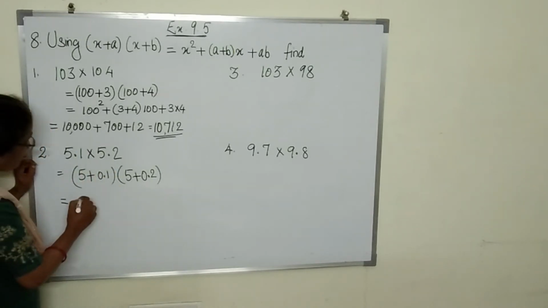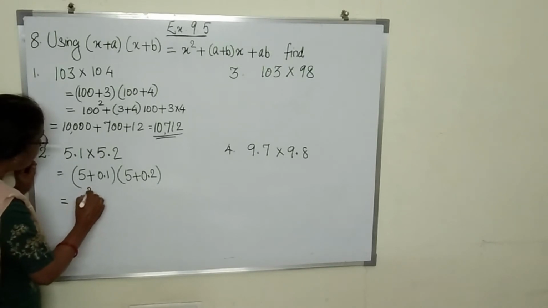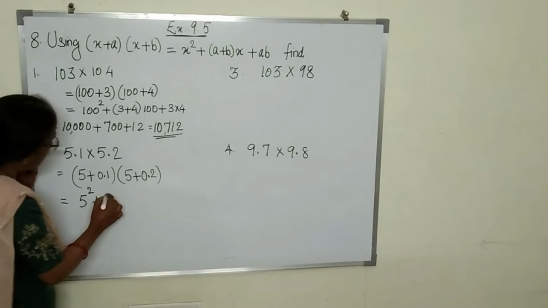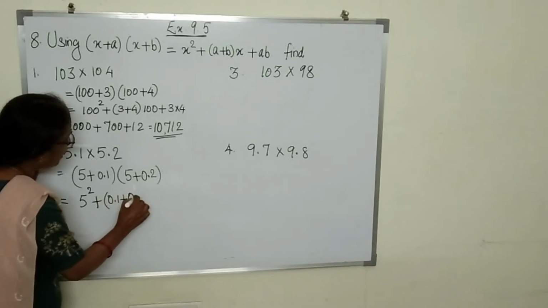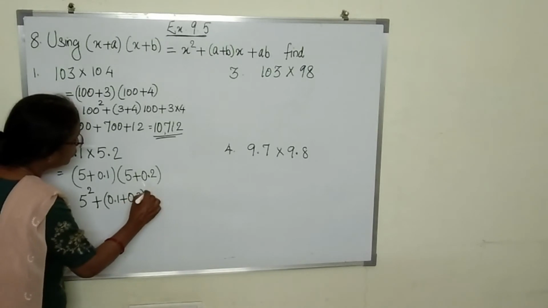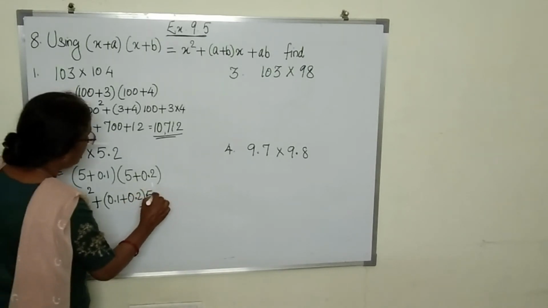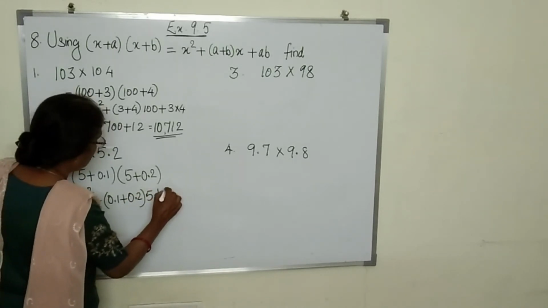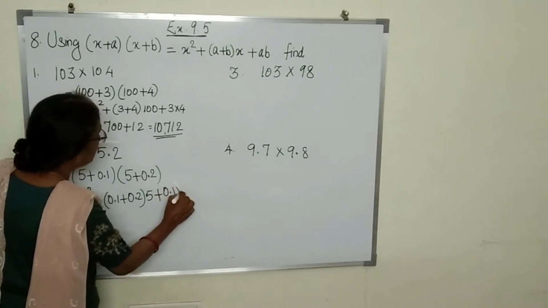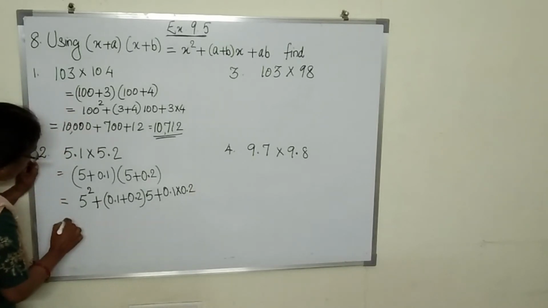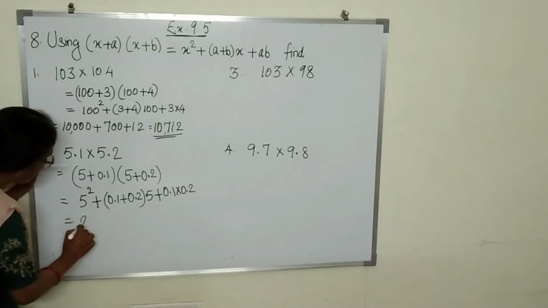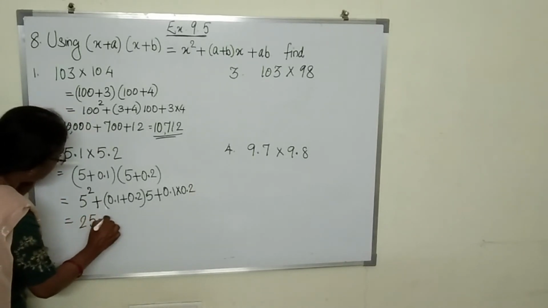So x square will be equal to 5 square. Now a plus b means (0.1 + 0.2) into 5, plus 0.1 into 0.2. When you multiply, 5 5s are 25.